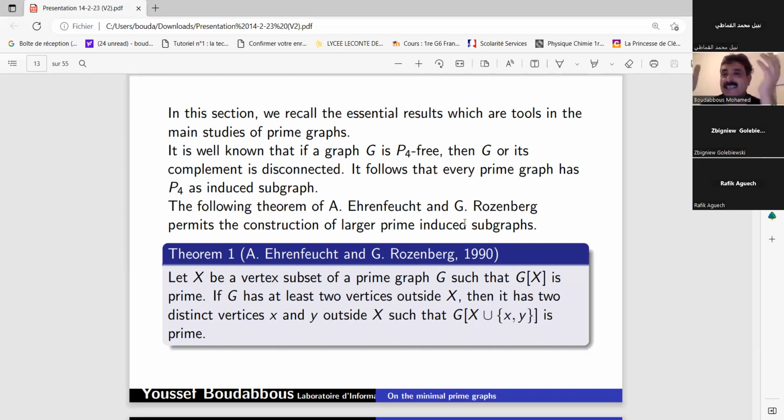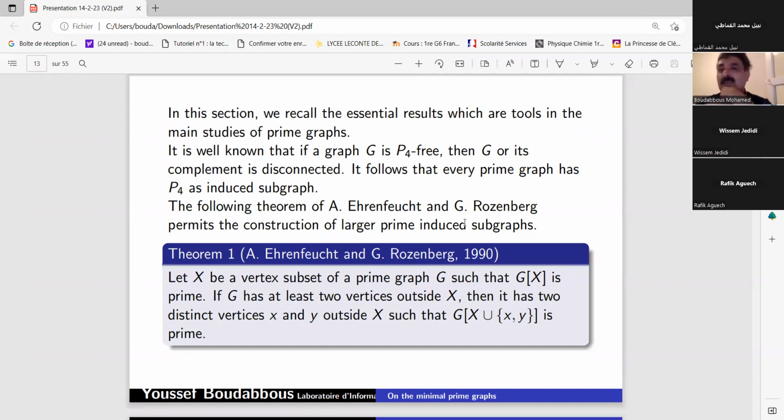If outside X there are at least 2 vertices, we can add 2 distant vertices and we obtain a prime graph. Thus the cardinality of the difference being at least 2, we can add 2 distant vertices, and the subgraph induced by X union these 2 vertices is prime.